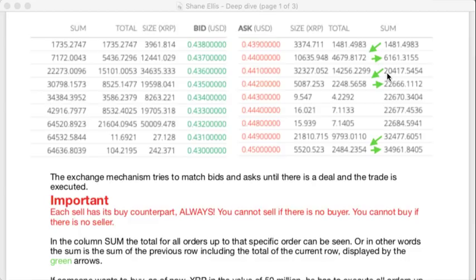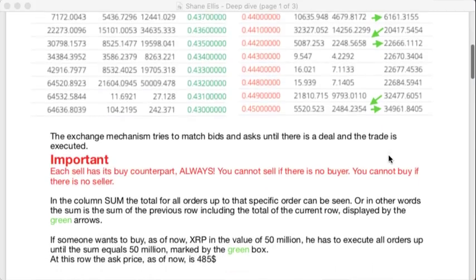Same here: this 20,417 from the previous row, summed up with the 2,248, gives this 22,666. Also here, the 32,477 from the previous row, summed together with the current row of 2,484, gives the 34,961. So that's the sum.